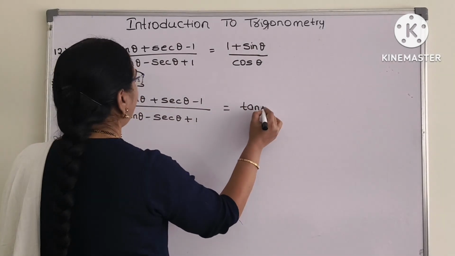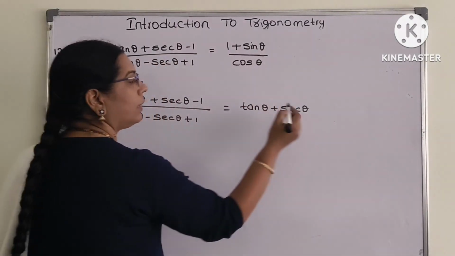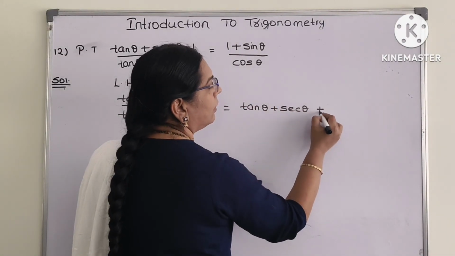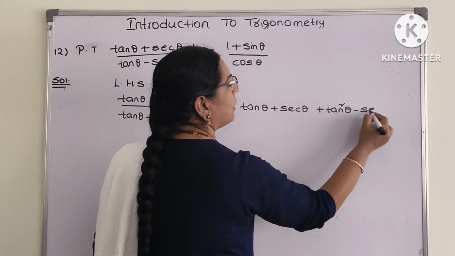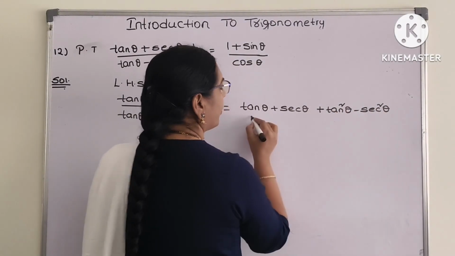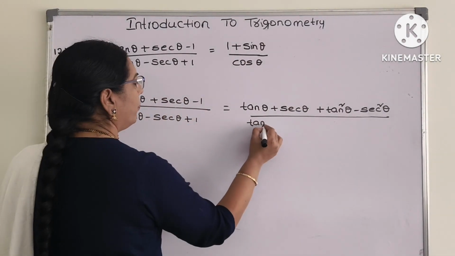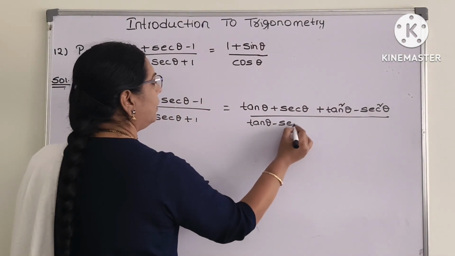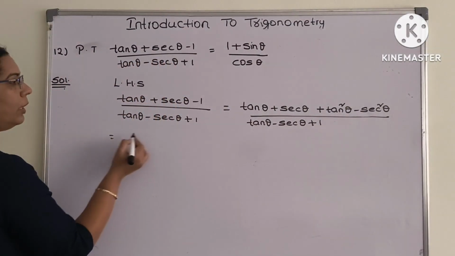So, this can be tan theta plus secant theta, and minus 1 can be written as tan square theta minus secant square theta, divided by tan theta minus secant theta plus 1. I am not doing anything to the denominator.